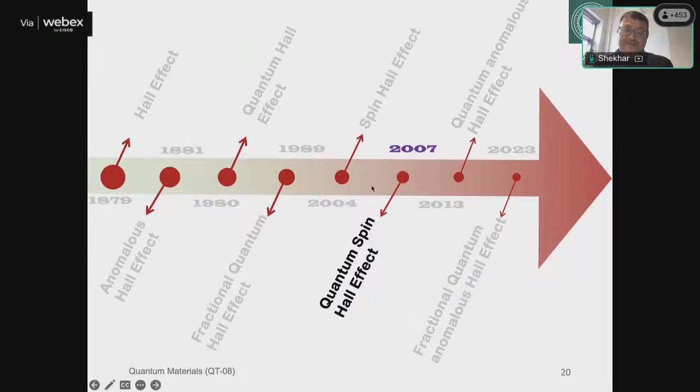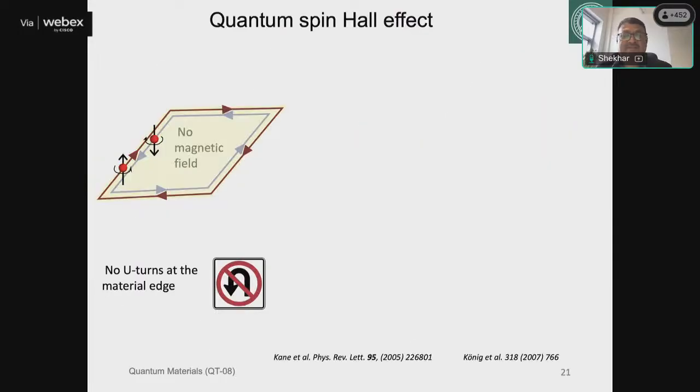Further, that spin Hall voltage is going to quantize, which is called the quantum spin Hall effect. In 2004 the spin Hall effect was discovered, and in 2007, when the topological insulator was discovered, the quantum spin Hall effect was discovered.